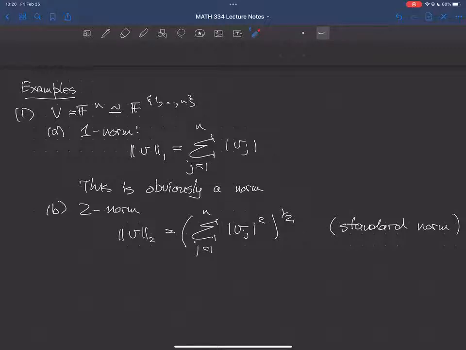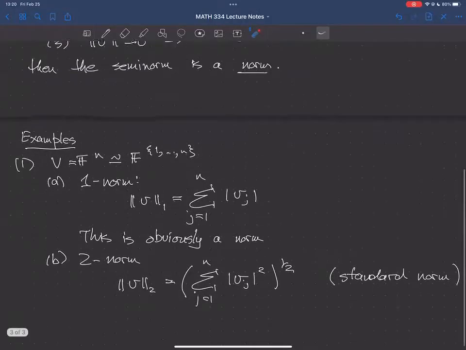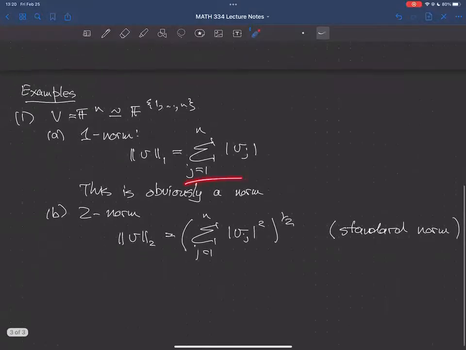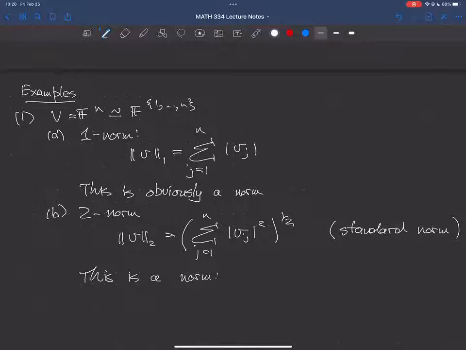So we'll talk about why this thing satisfies the triangle inequality later, but it also is a norm, not just a semi-norm, again for the same reasons that this one is. Okay, so this also is a norm, and we will verify the triangle inequality later.